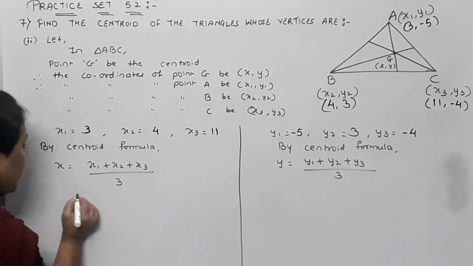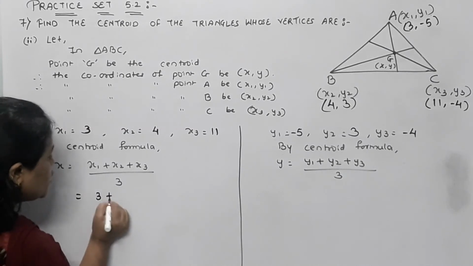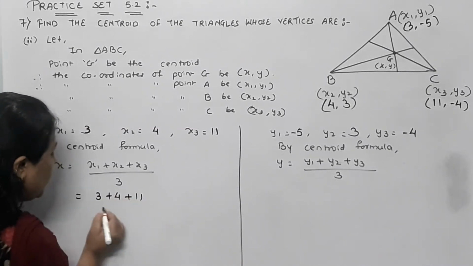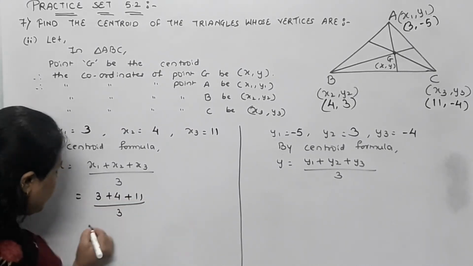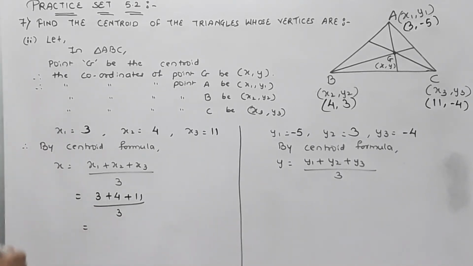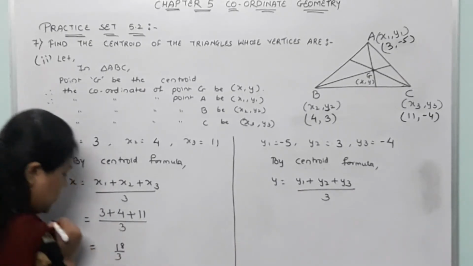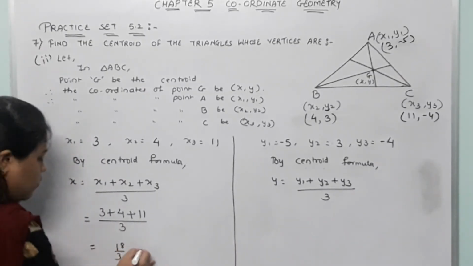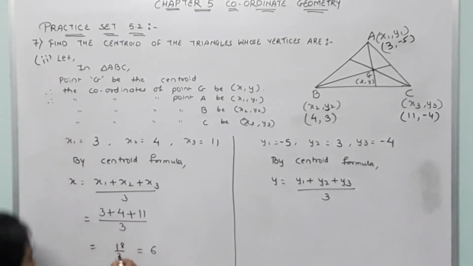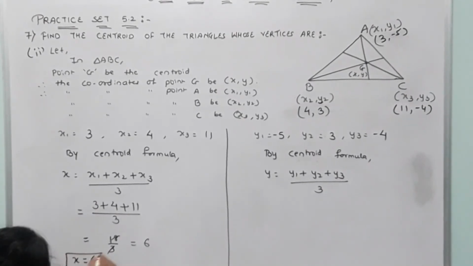So we will put the values now. 3 plus 4 plus 11 divided by 3. 3 plus 4 is 7. 7 plus 11 is 18 upon 3. 18 divided by 3 will be equal to what? 6. 3 sixes are 18. So x equals to 6.